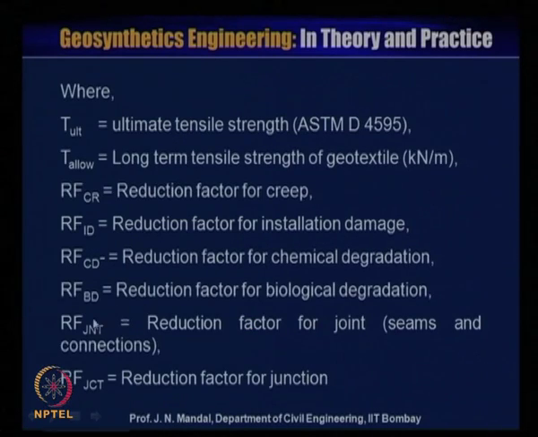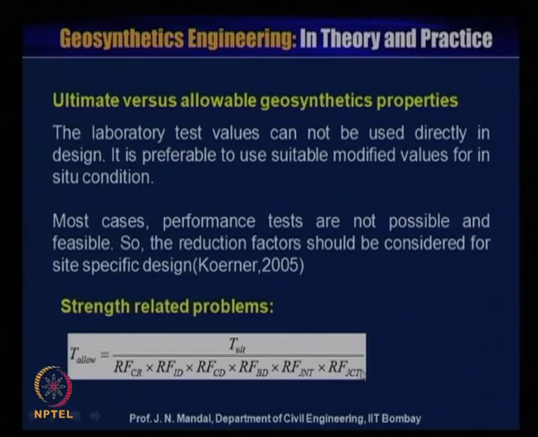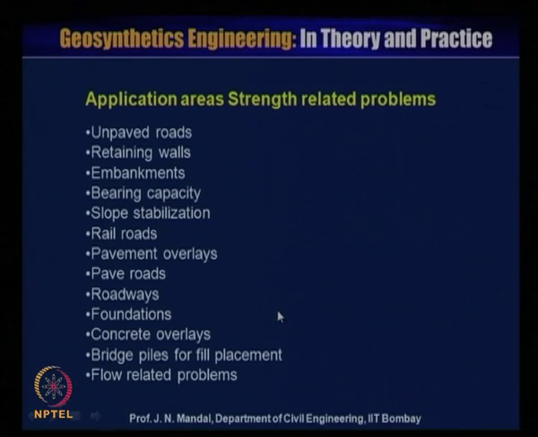These factors must be taken into consideration. For different types of application, the reduction factors are different, so for the design you have to calculate the allowable tensile strength of the geosynthetic material.